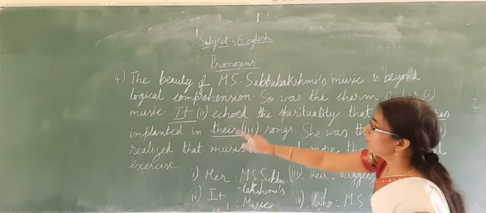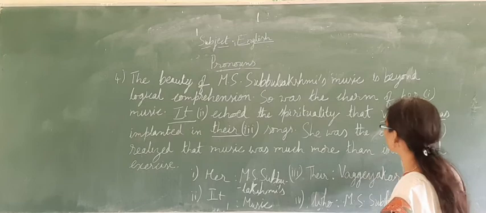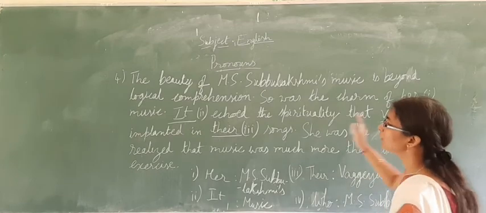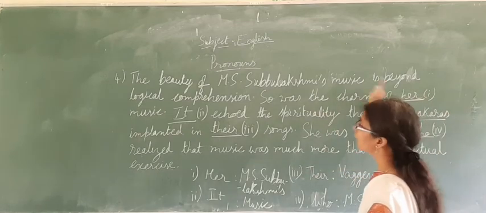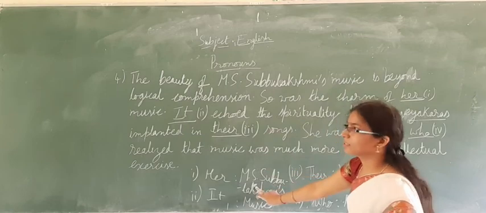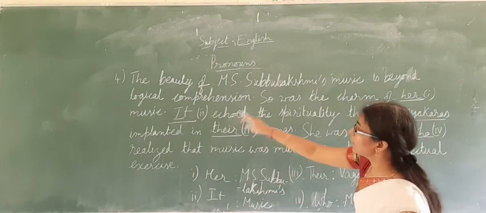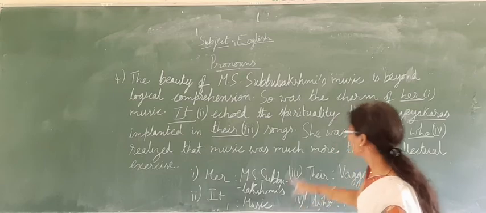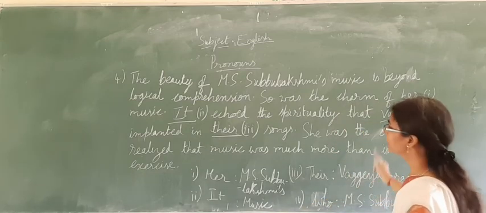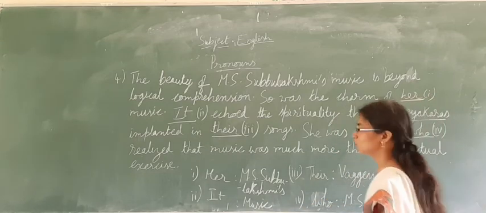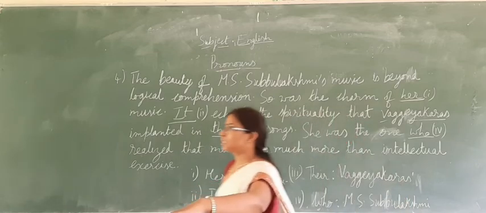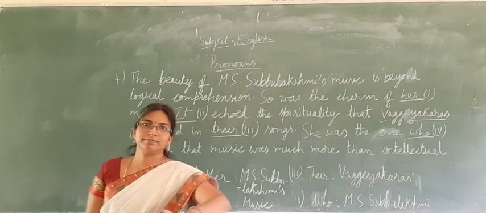Subbalakshmi was the one who realized that music was much more than intellectual exercise. So 'her' stands for M.S. Subbalakshmi, 'it' for music, 'they' for Vadyakaras, and 'who' for Subbalakshmi. So this is your fourth example.